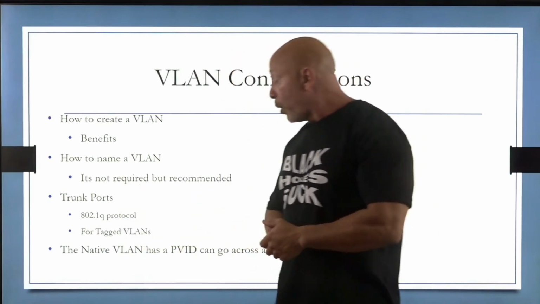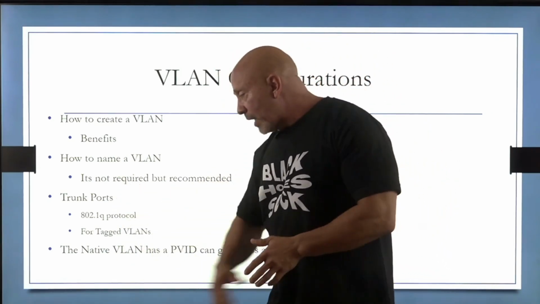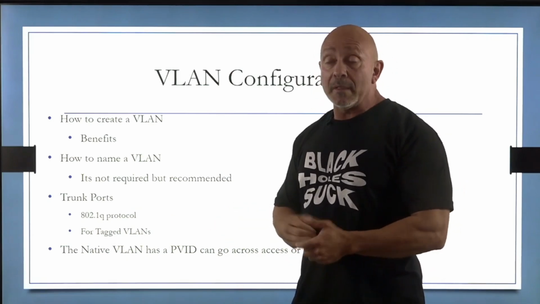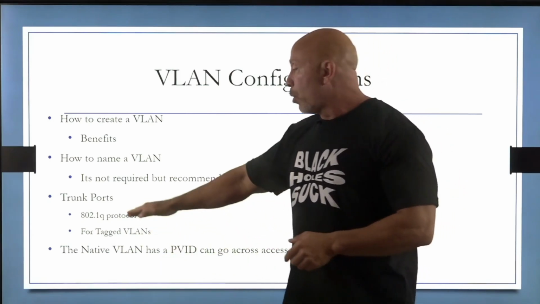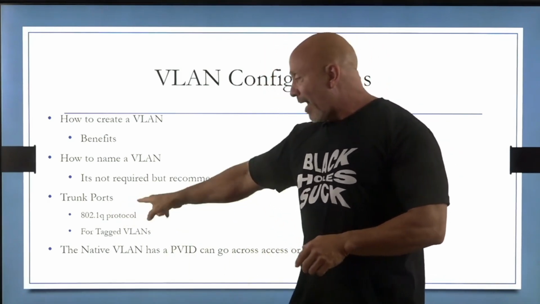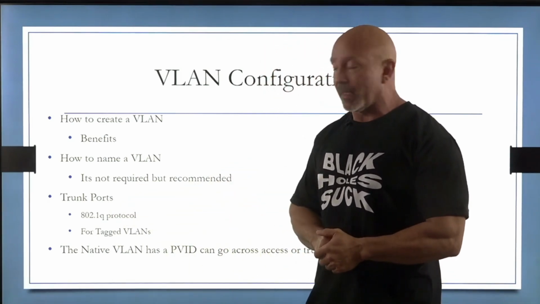We're going to talk about trunk ports. We're going to use the 802.1Q protocol. That is the latest protocol that we use for inter-VLAN routing or whatever it is. When you trunk your port in a layer 2 switch, that is the encapsulation that is used.